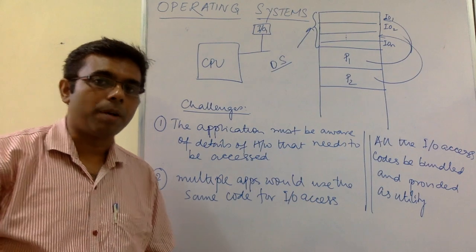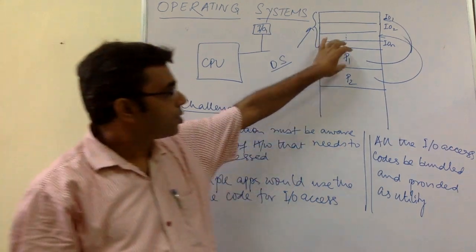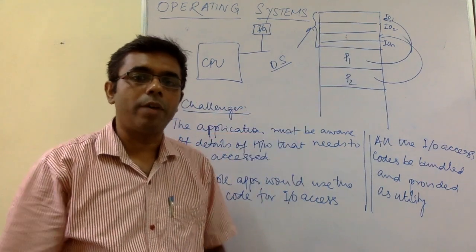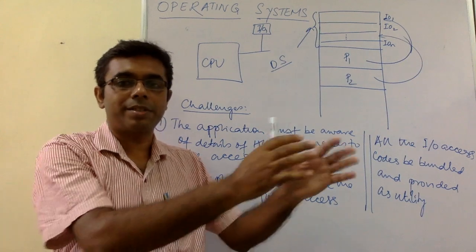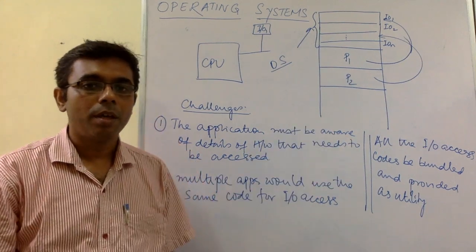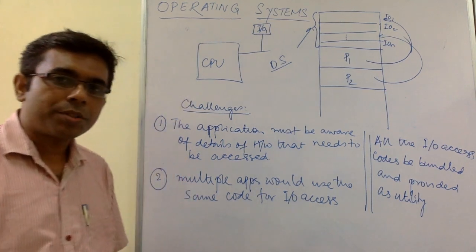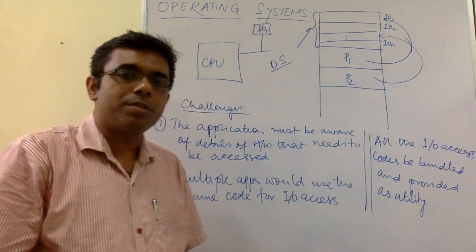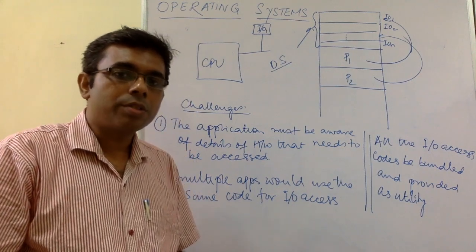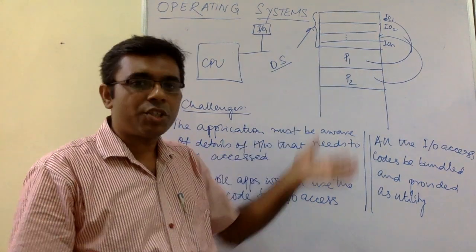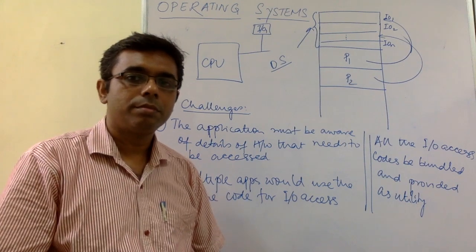So it serves a dual purpose. Number one, the process doesn't have to have the code of the IO access. It's available as a separate software, as a bundle. And number two, because every process would like to execute the same piece of code, it can be shared among a number of processes. Right?